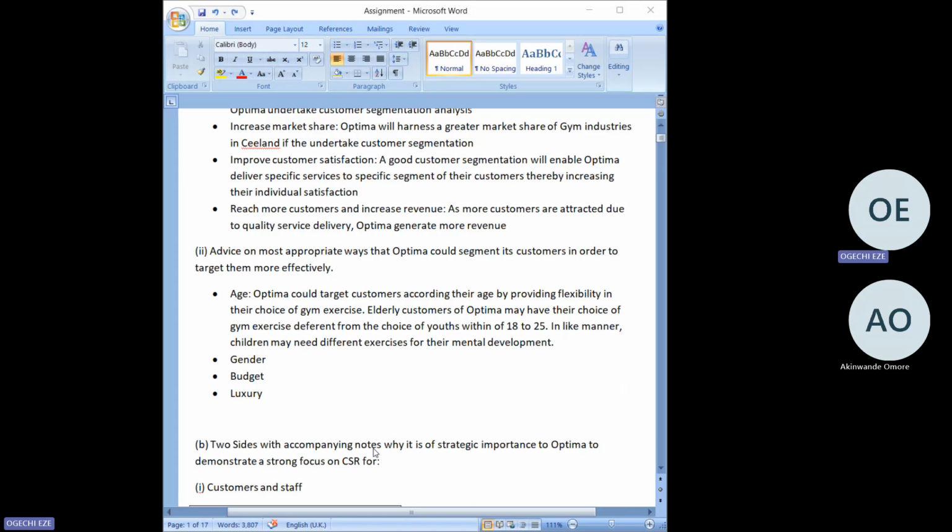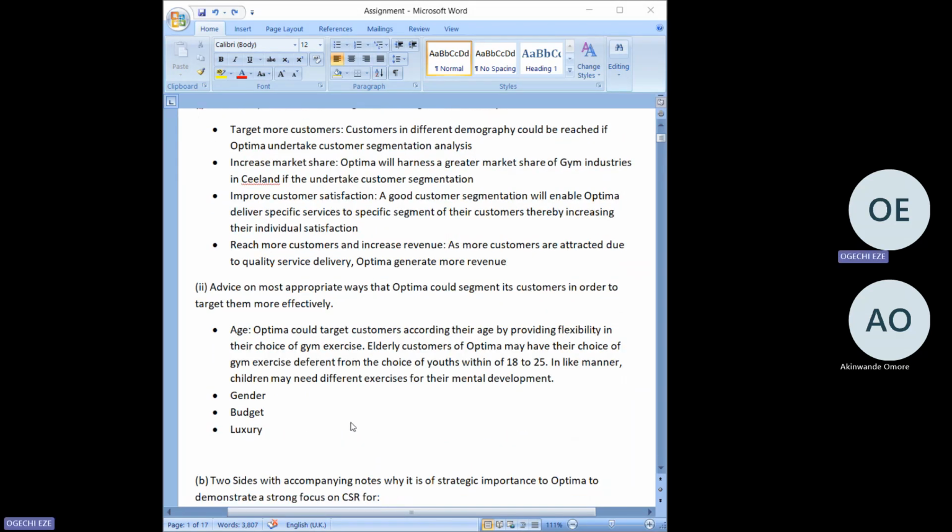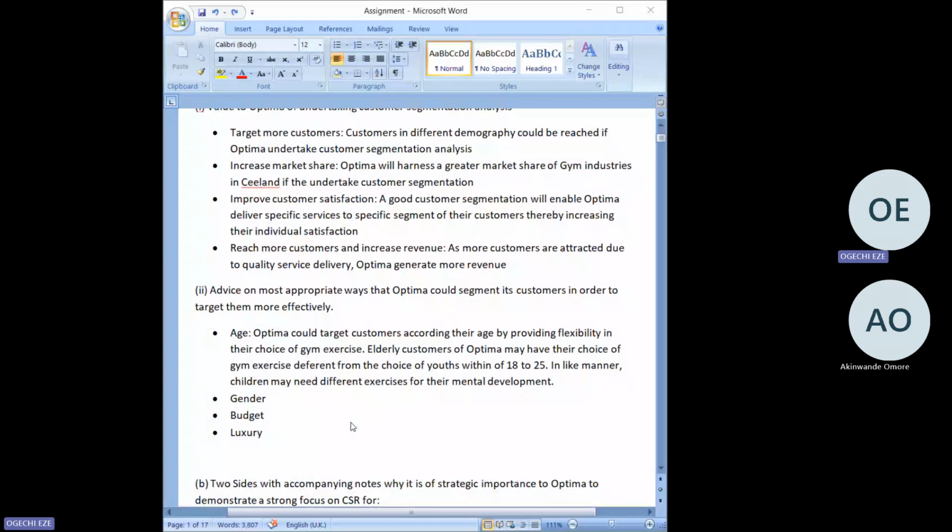Then increase in market share. When they reach more customers, definitely they are going to have more market share in Sealand, in the gym service industry.